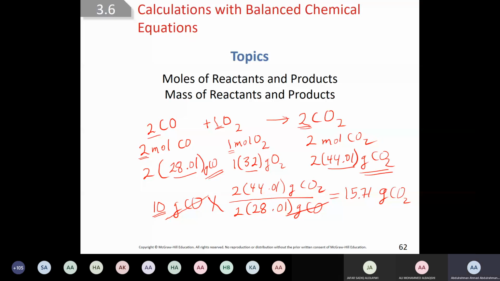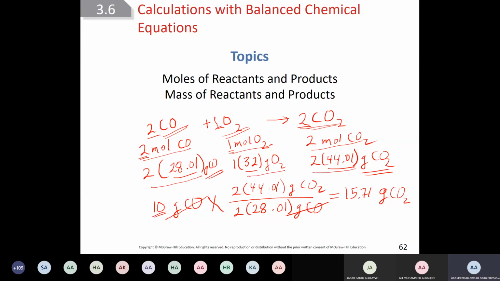It's 15.71 exactly. You know how to do it now? So whenever I give you a chemical reaction, what's the first thing you should do? Put the number of moles of each component. So 2 mole of CO, 1 mole of O2, 2 mole of CO2.